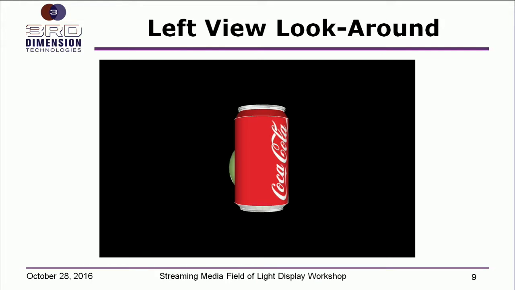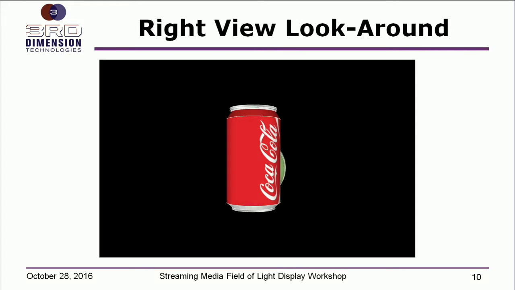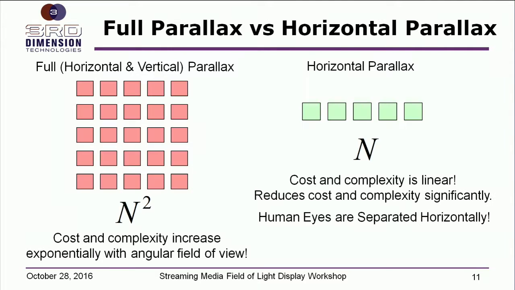This is another example. This is just the full left view from one projector, and the full right view from the other projector, and you can see that you can look around the Coke can and see the tennis ball behind it. So comparing full parallax, we just heard Dr. Lacombe talking about full parallax, and he explained the problem very succinctly, which is that full parallax is an n-squared problem.